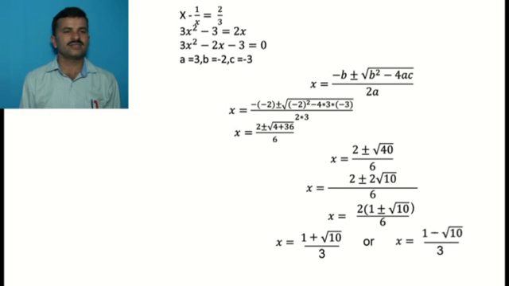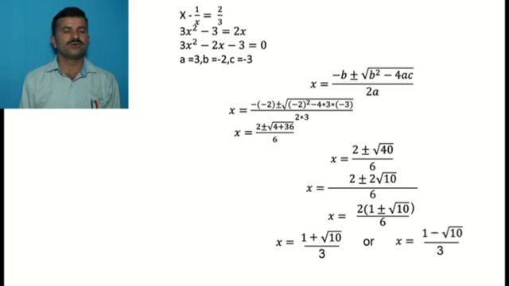Add 4 and 36 and you get x is equal to 2 plus or minus square root of 40 divided by 6. Square root of 40 is not a pure square. You have to convert it into a mixed surd and write x is equal to 2 plus or minus 2 square root of 10 divided by 6. In the first and second term, 2 is common.